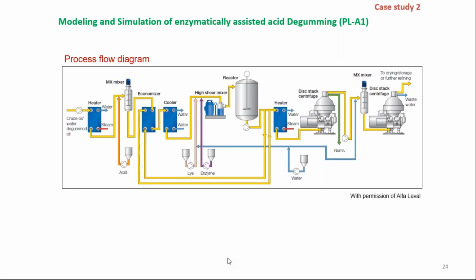The good thing about this reaction again is that the lysophospholipids are more hydrophilic than the original phospholipid, which makes them easier to remove from the oil during the separation inside the centrifuge.